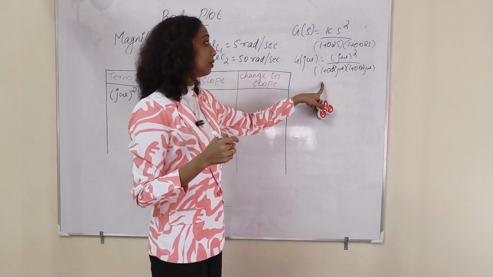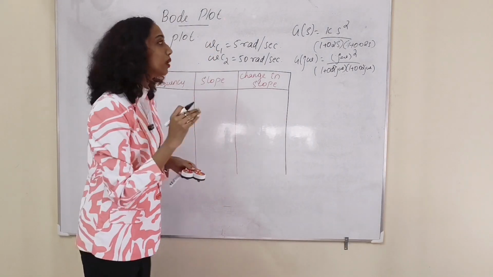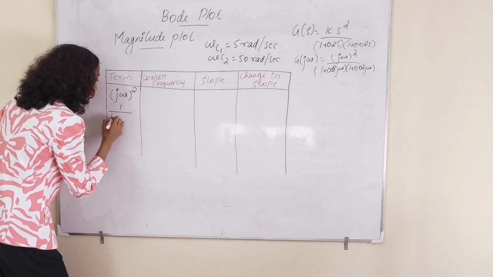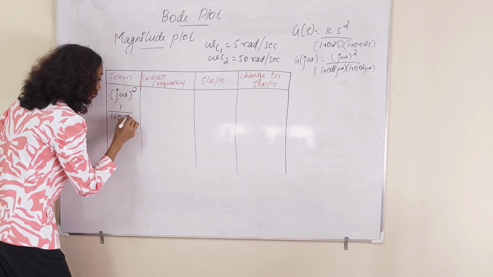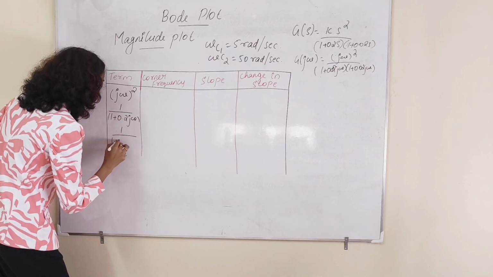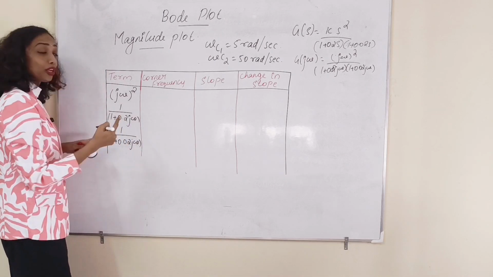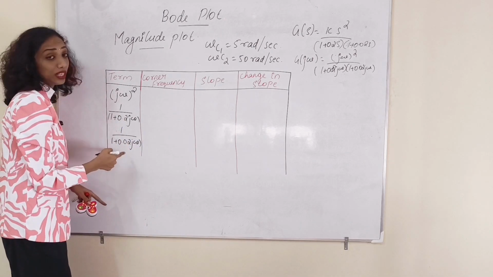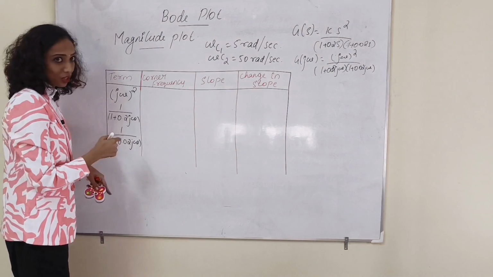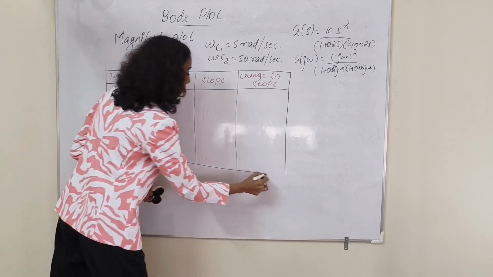The second and third terms are in the denominator, so we write them as 1 by 1 plus 0.2 j omega and 1 by 1 plus 0.02 j omega. Then close the tabular column. We have only three terms.